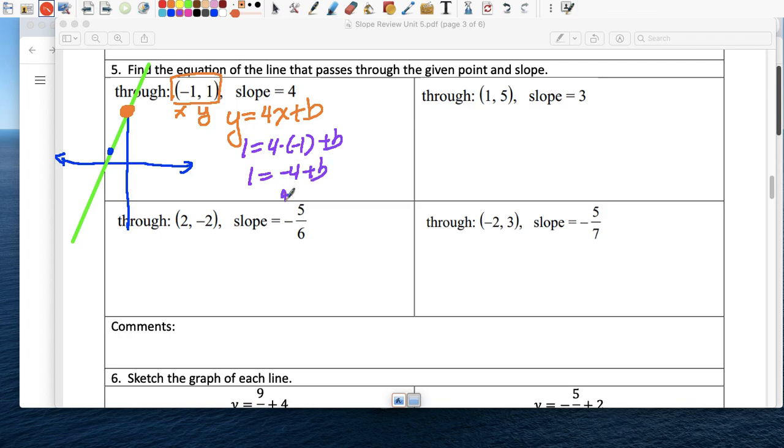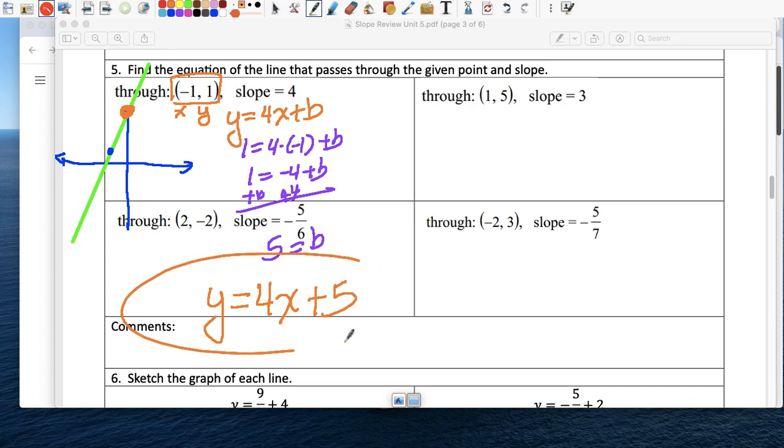We add 4 to both sides, and b equals 5. Look, it sort of looks like 5 here, so my drawing wasn't that bad. So the final equation of the line is y equals 4x plus 5. And that's what we were looking for.